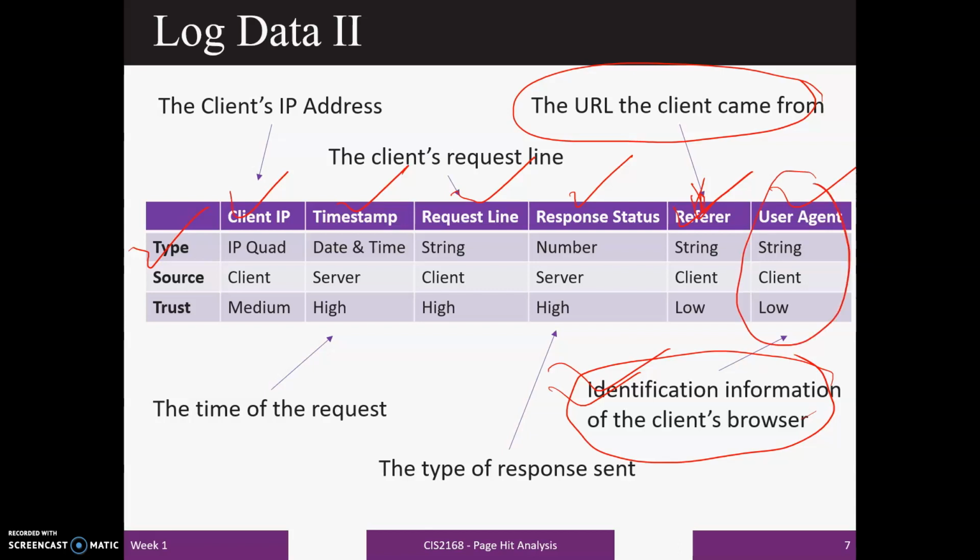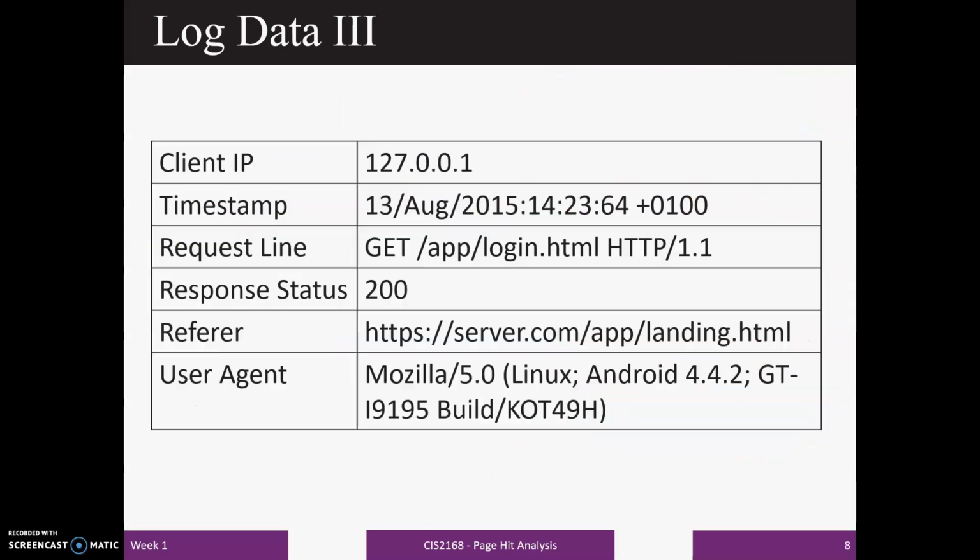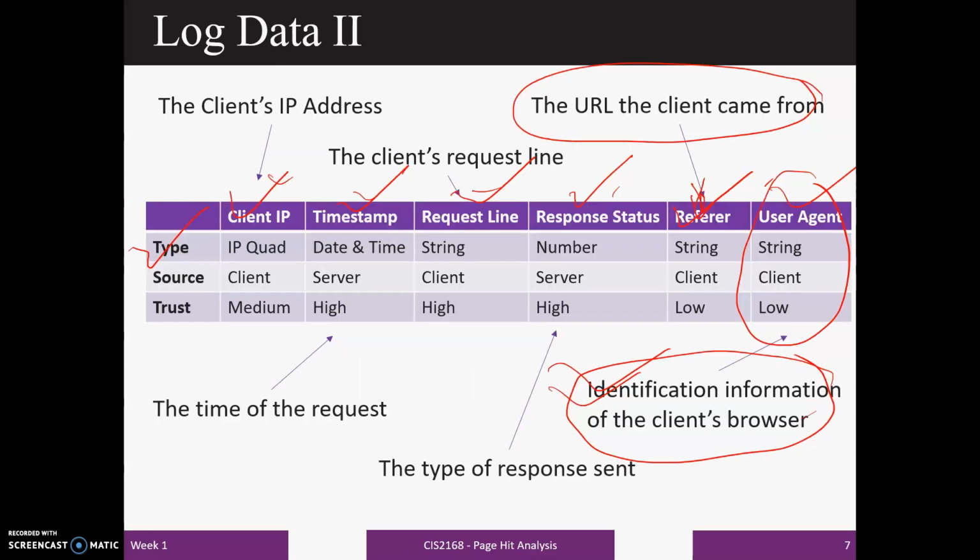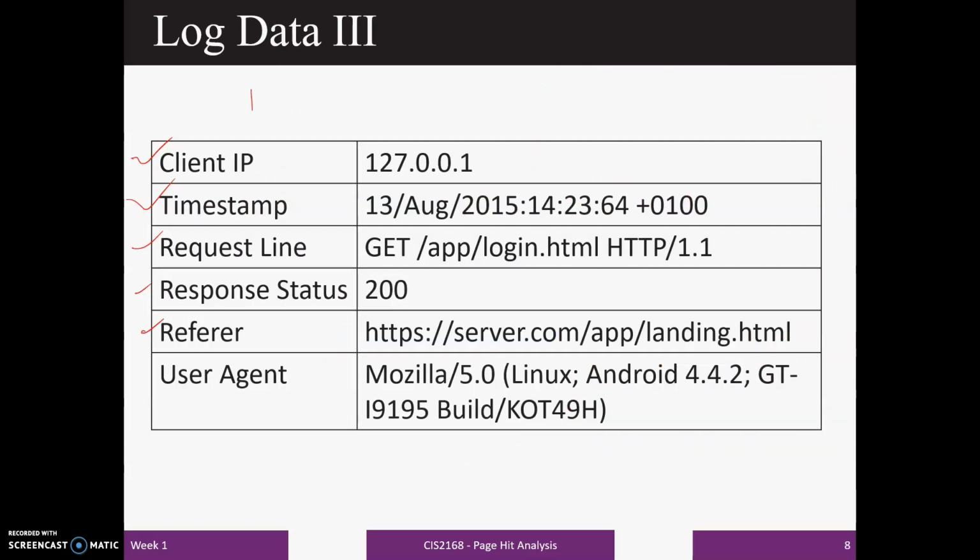In the next slide, I have given an example for all these attributes, all these fields with some values. So you can see these are the columns given in the previous slide. The first column is client IP, then timestamp, then request line. The same is given here, and some specific value is presented in the second column.